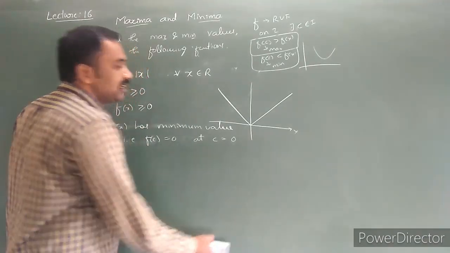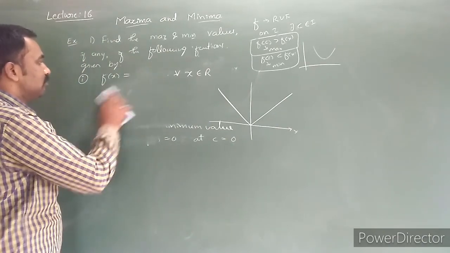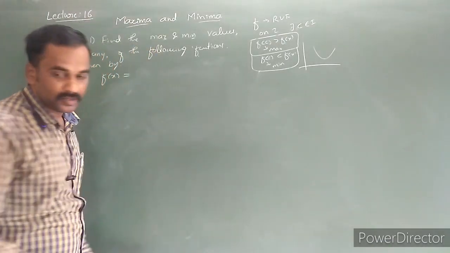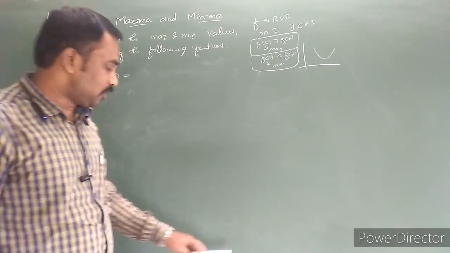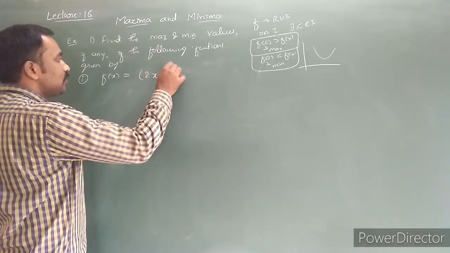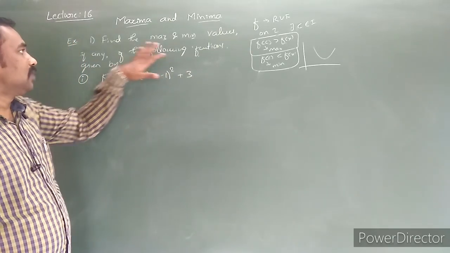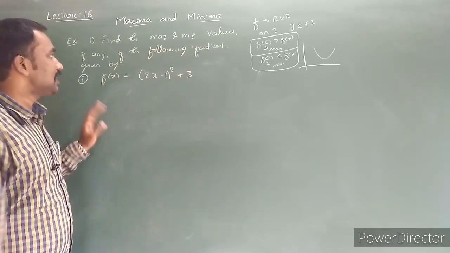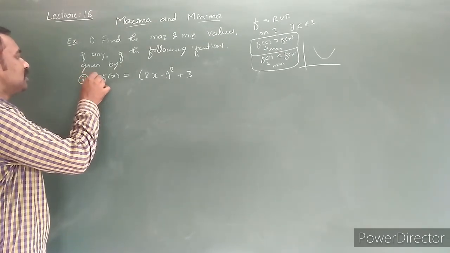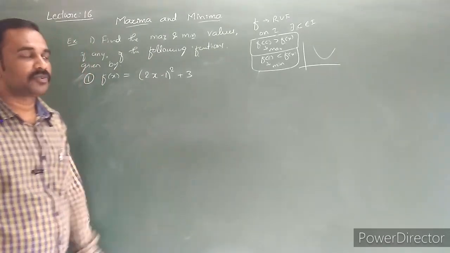In the same manner, let's take the next example. What is the next example? f of x is equal to 2x minus 1 whole square plus 3, from the exercise. Find the maximum and minimum values, if any, of the following functions, that is the third one in the exercise, first problem.